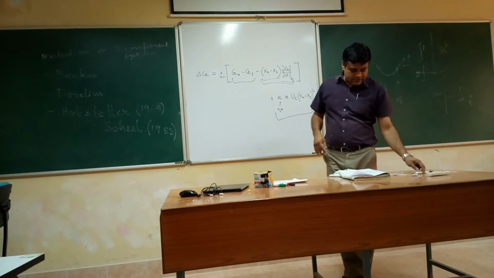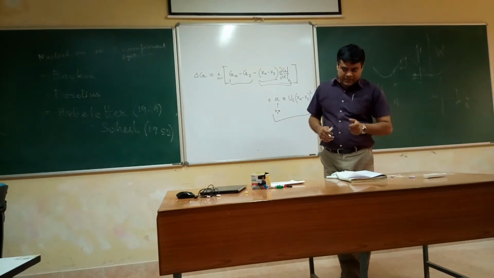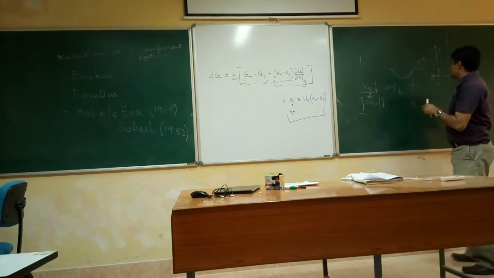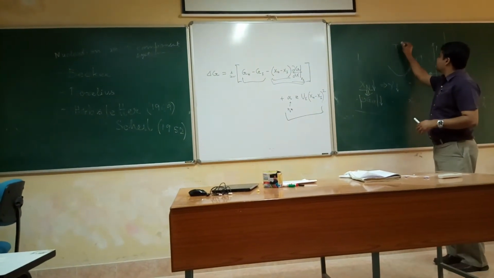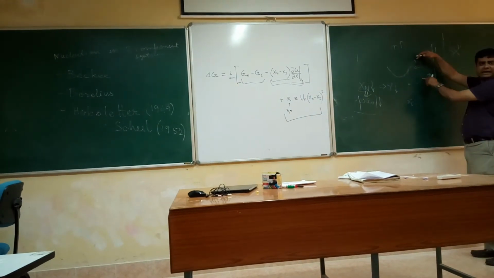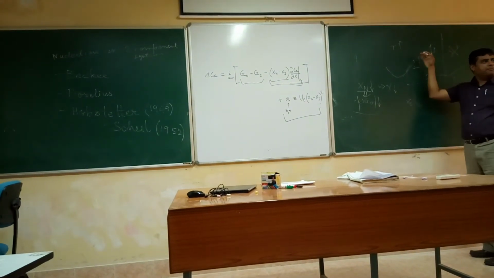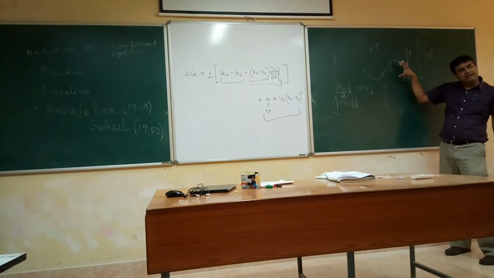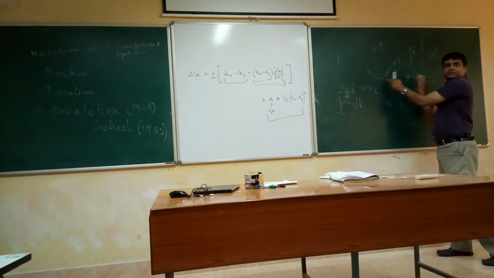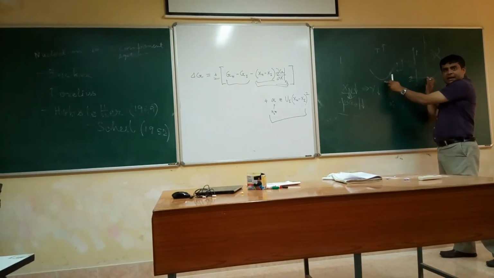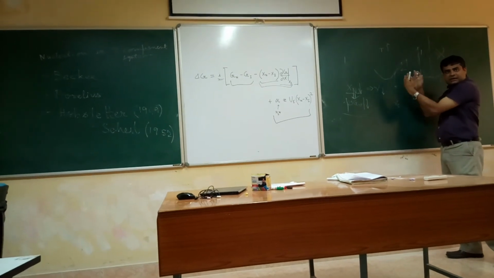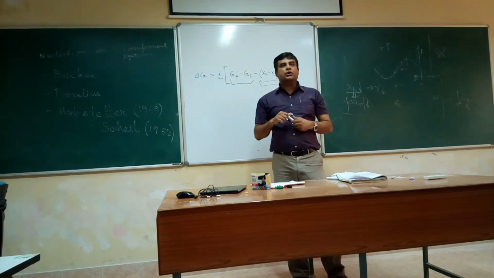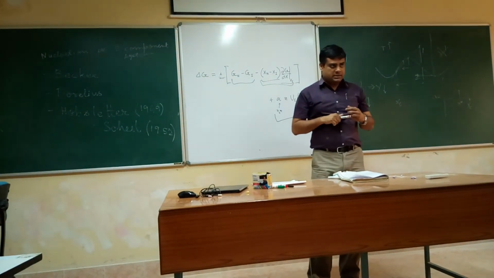At temperatures approaching equilibrium, that is T approaches T equilibrium, when there is very slow supersaturation. As temperature increases, this hump height decreases. This hump height is in the Gibbs free energy versus composition plot. The hump height decreases and these two come closer. Both the miscibility gap points as well as the spinodal points come closer, and the hump height decreases as the temperature goes close to the equilibrium transformation temperature.